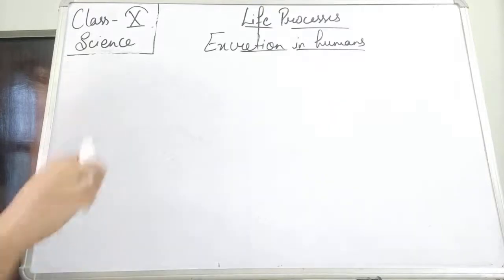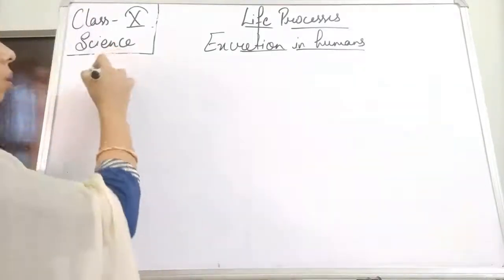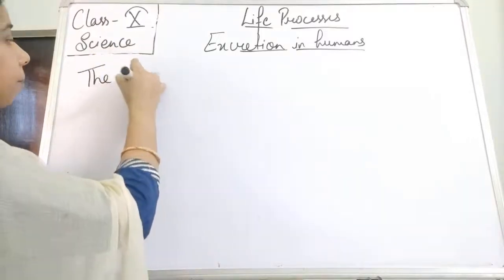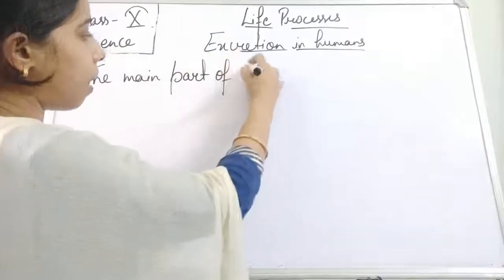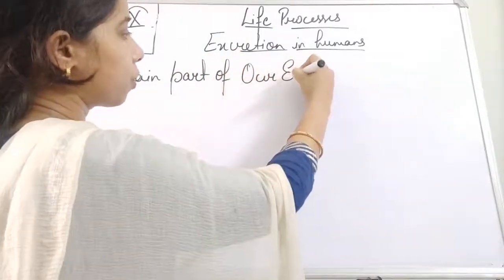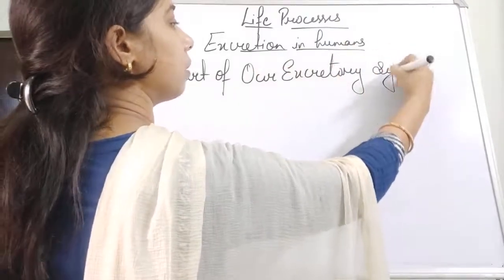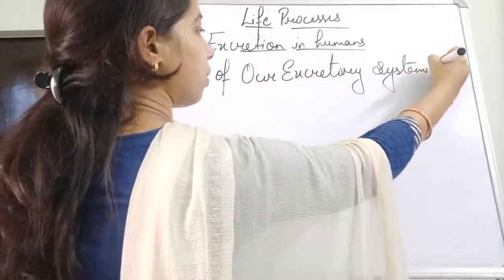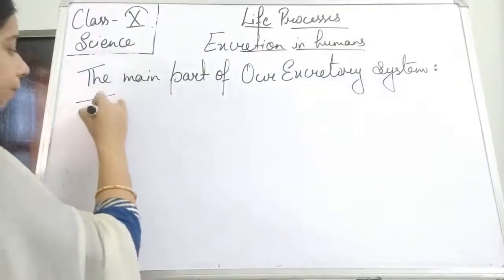Let us try to understand what the main parts of our excretory system are. The main parts of our excretory system are, first, two kidneys.